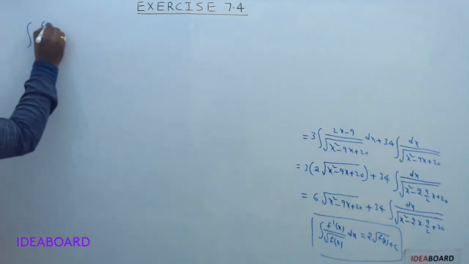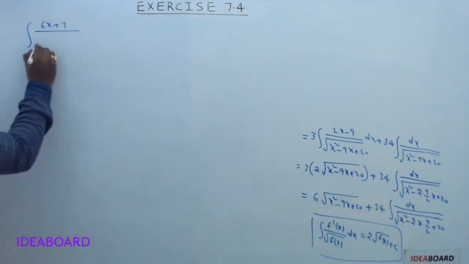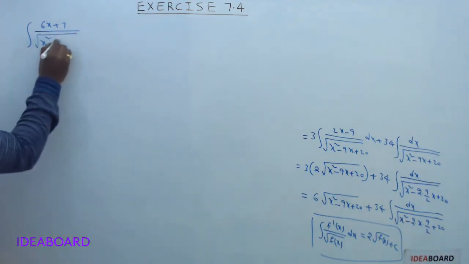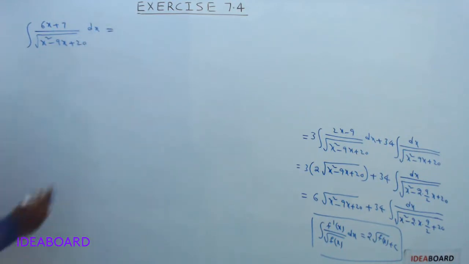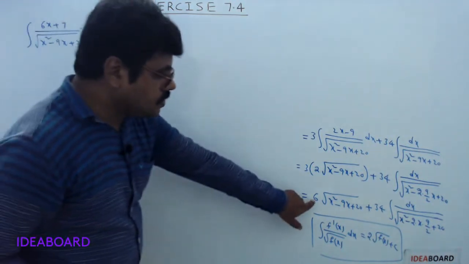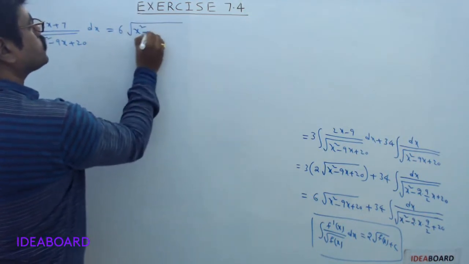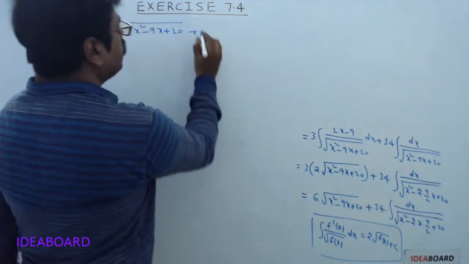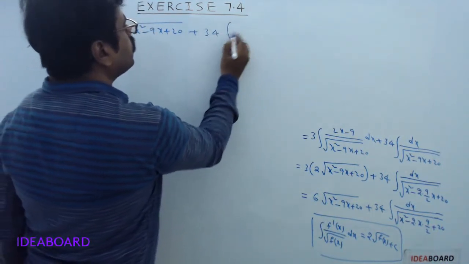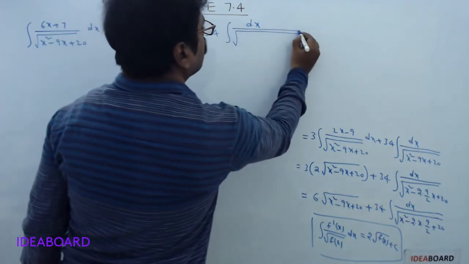Now integral (6x plus 7) divided by square root of x square minus 9x plus 20 dx equals 6 into square root of x square minus 9x plus 20 plus 34 into integral dx divided by square root of.